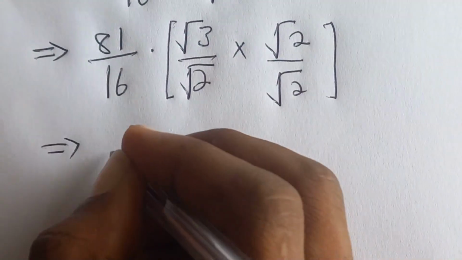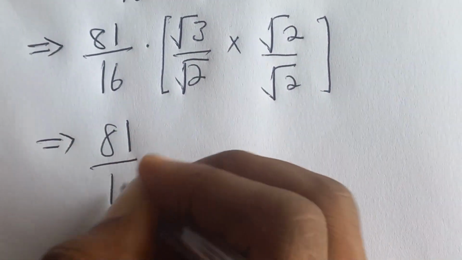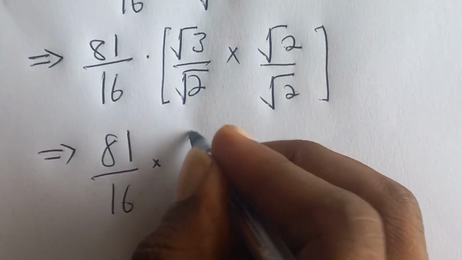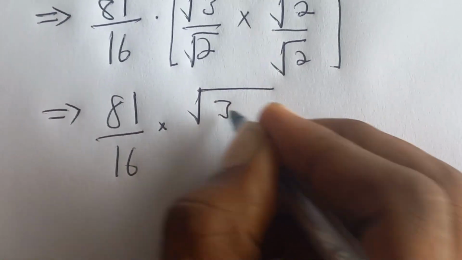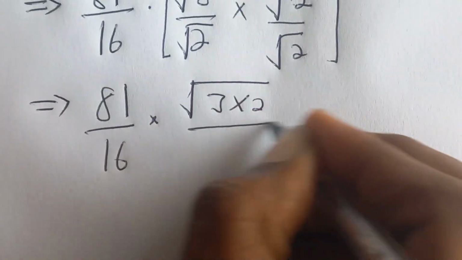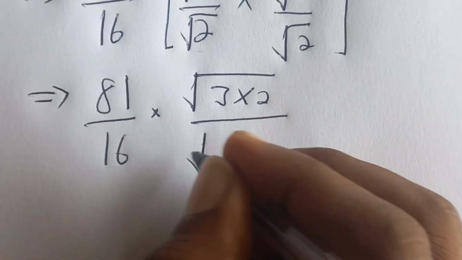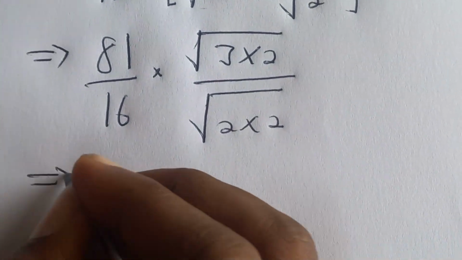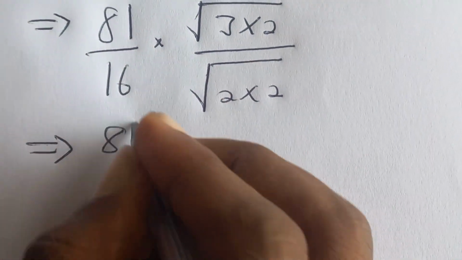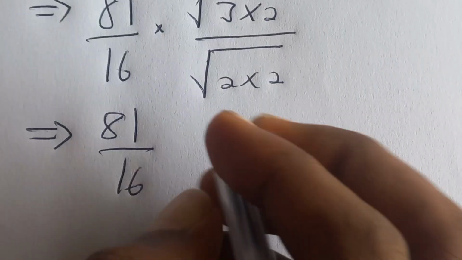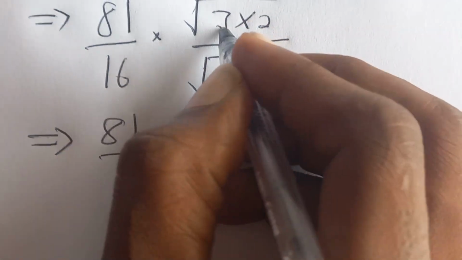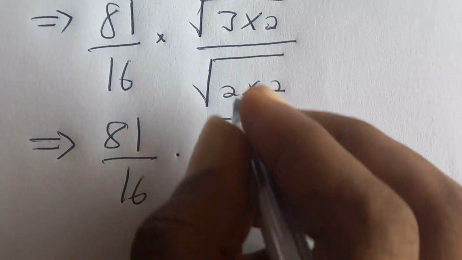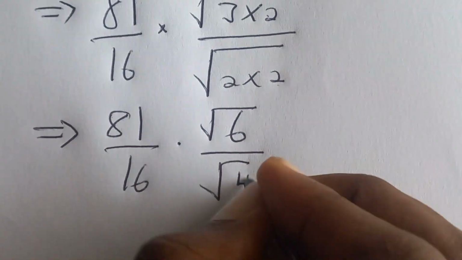So 81 over 16 multiplied by square root of 3 times 2 on top, and square root of 2 times 2 on the bottom, which is equal to 81 over 16 multiplied by 3 times 2 is 6, square root of 6 over square root of 4.